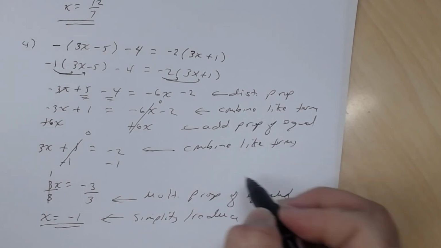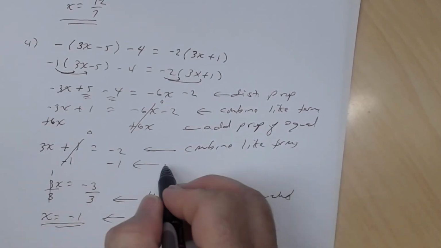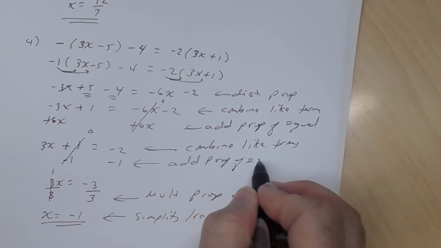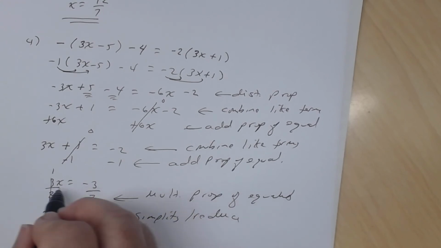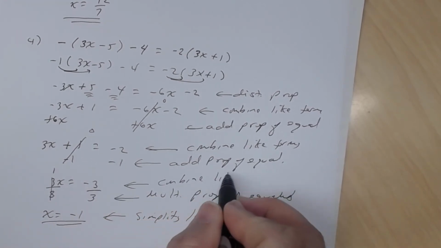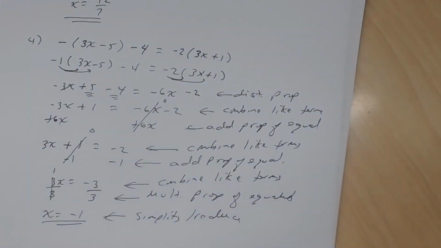So notice the pattern as you go through all these. Then the next step is to use the addition property of equality again. And then to get to this point, I combine like terms. Okay? All right. So that should take care of this part of the lesson.